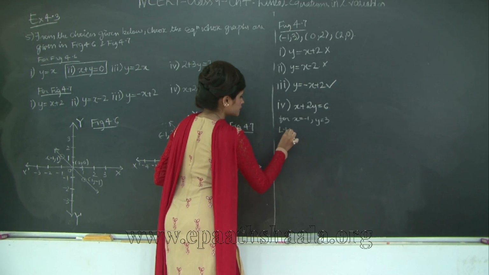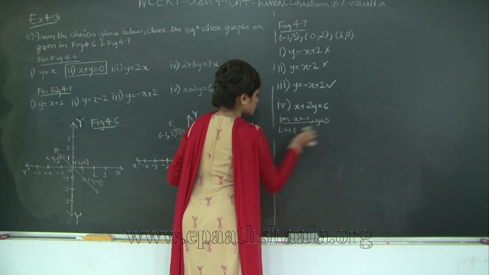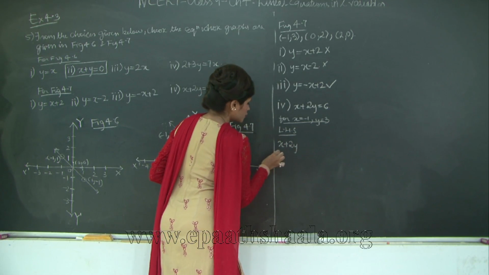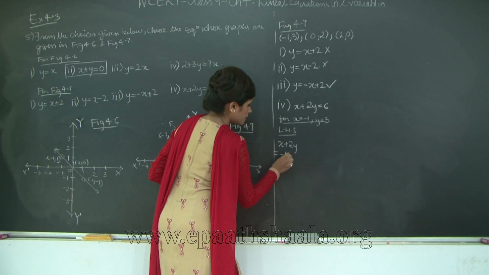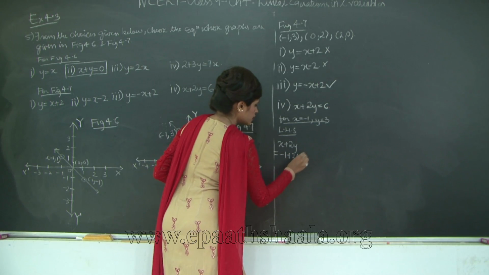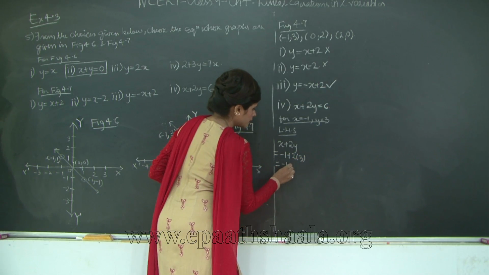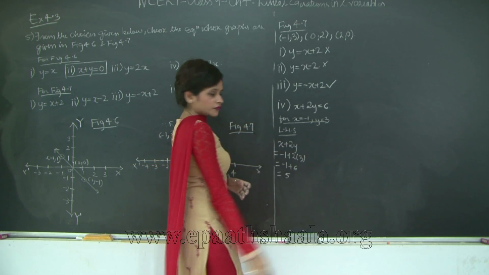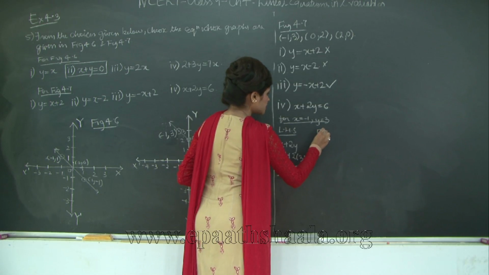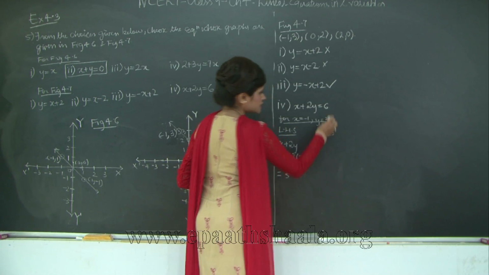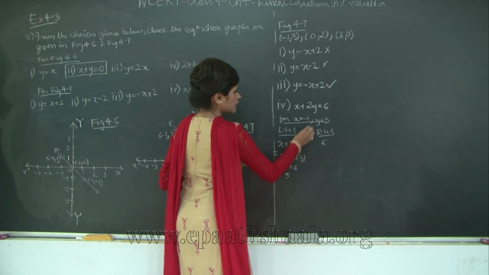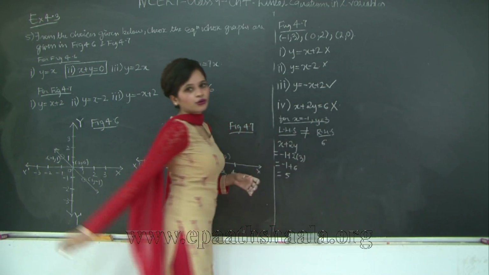LHS is x plus 2y, which is equal to minus 1 plus 2 into 3, which is minus 1 plus 6, which is 5, right? So, my RHS is given to be 6. Therefore, my LHS is not equal to my RHS.